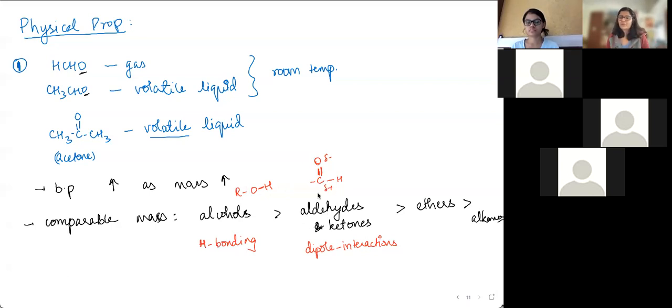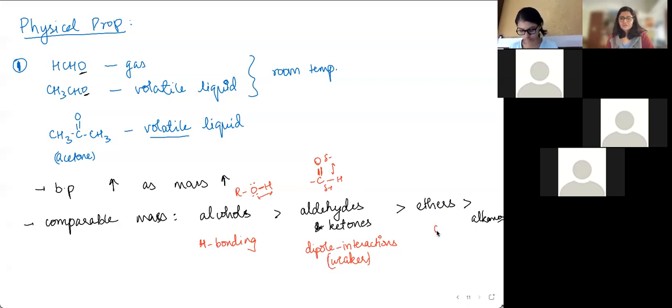Even though both have polarity, the hydrogen is directly attached to this electronegative oxygen. So this polarity is a lot more than that polarity. Like this is a lot stronger than this polarity. Okay. So here you have hydrogen bonding, here dipole interactions, which are relatively weaker than hydrogen bonding.